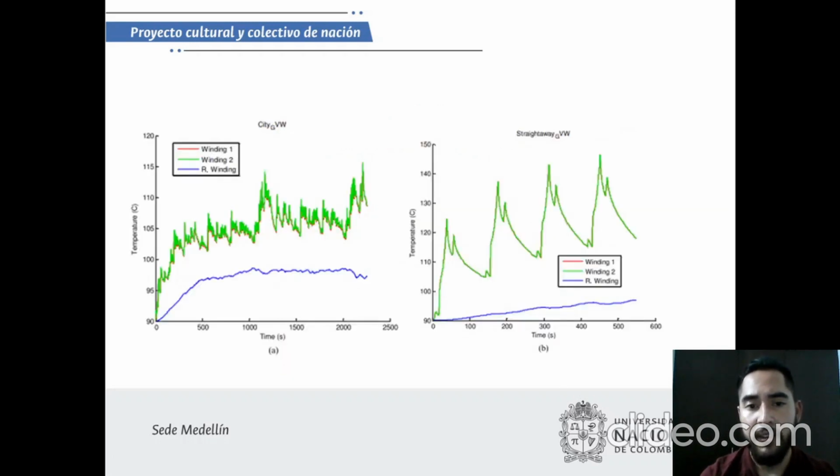The result of the thermal simulation of the SE-SM is presented in the figure. For several demanding work cycles, windings 1 and 2 represent the temperatures of the stator, and winding R represents the winding temperature of the rotor. The coolant temperature in the simulation is 19 degrees Celsius.